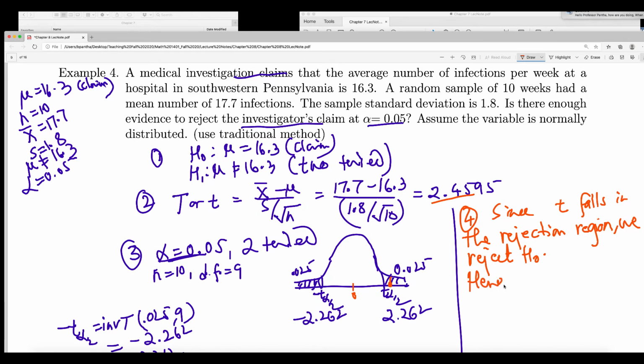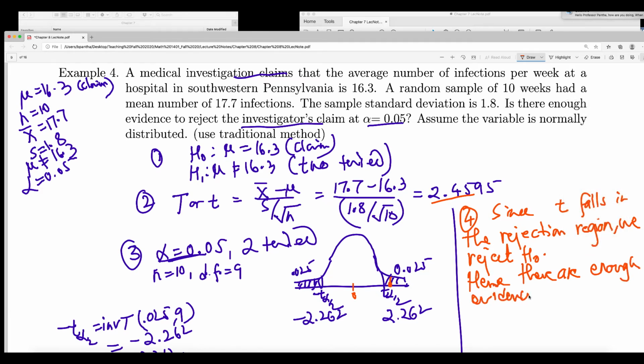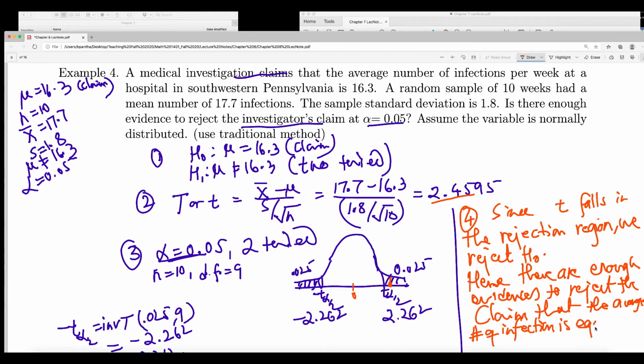Hence there is enough evidence to reject the claim that the average number of infection is equal to 16.3. So we rejected this claim, meaning we are supporting that it is different from 16.3.